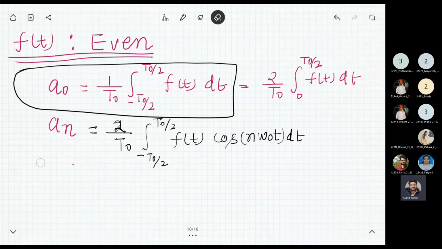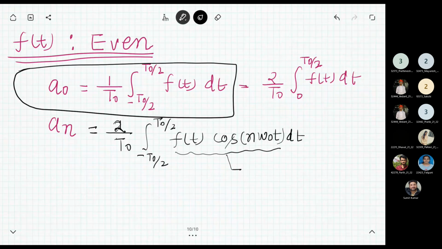Can you see that? Now tell me, Ft cos n omega naught t, from here to here, whether this is even or odd. Ft is even, and cos n omega naught t is even. So even times even is even. It stays an even signal, so Ft cos n omega naught t is also even.